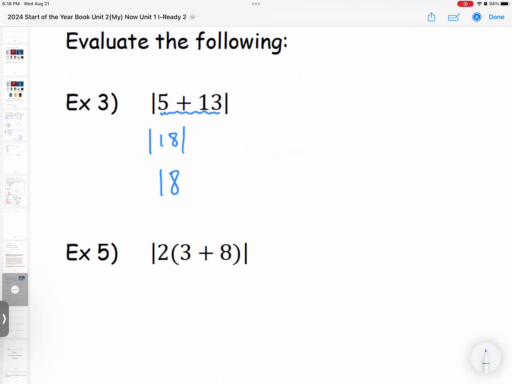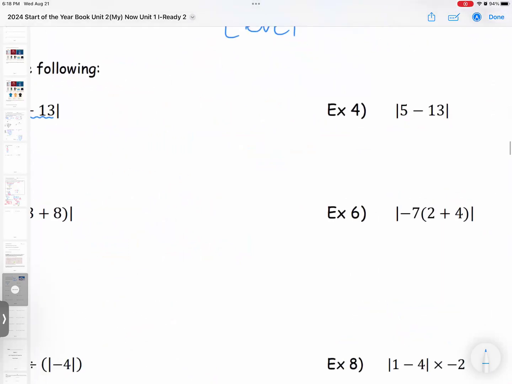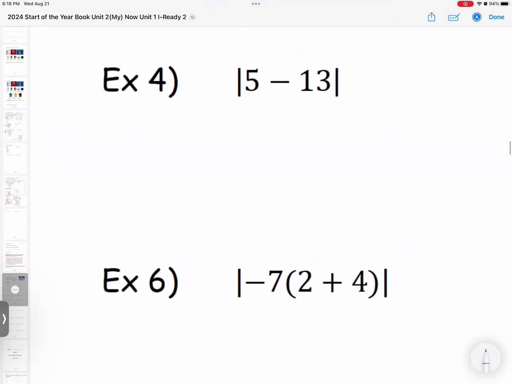So we've heard that absolute values tend to make things just positive. I'm apprehensive to say that's always the case, but today for expressions, that's going to be more of the case. It also depends on other circumstances around your absolute value. So example 4, we've got the absolute value of 5 minus 13, or 5 plus negative 13.